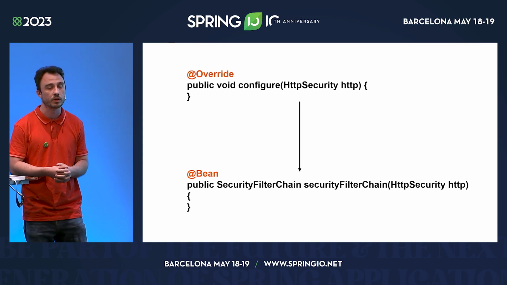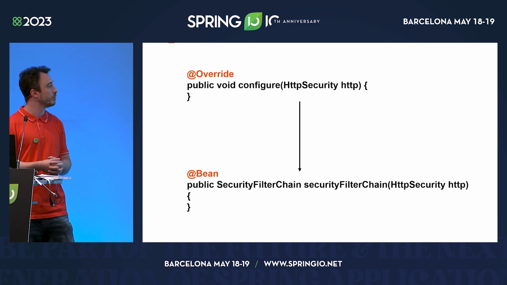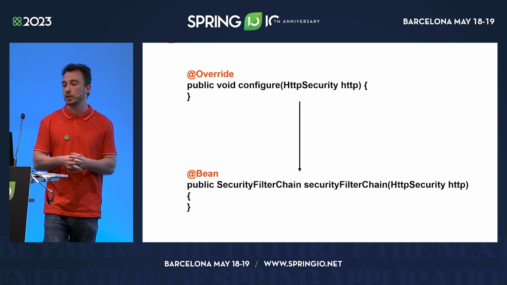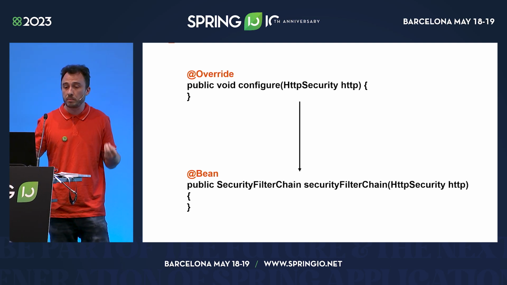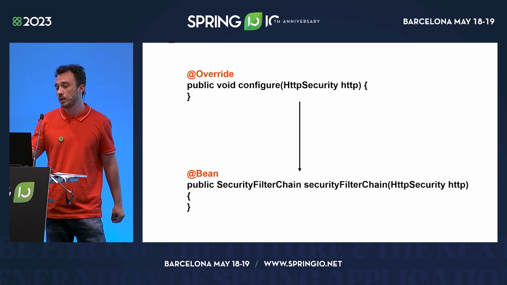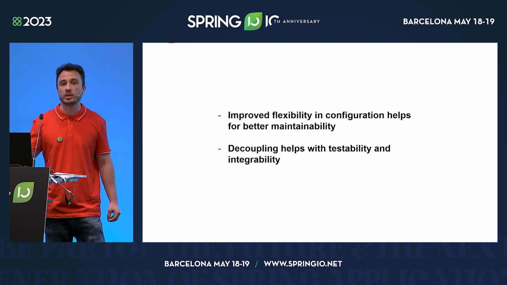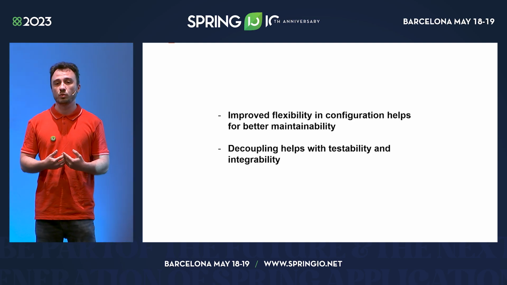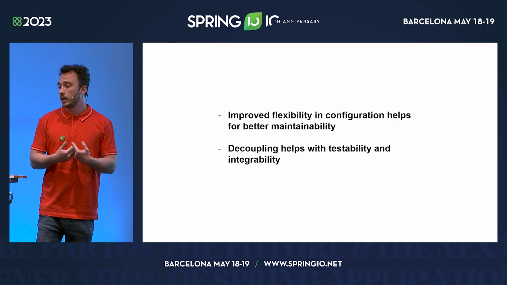Now it's completely removed, and you have to replace your configuration using a SecurityFilterChain bean, which is a plugin in the Spring context, which actually makes things a lot better because it's much easier to configure.